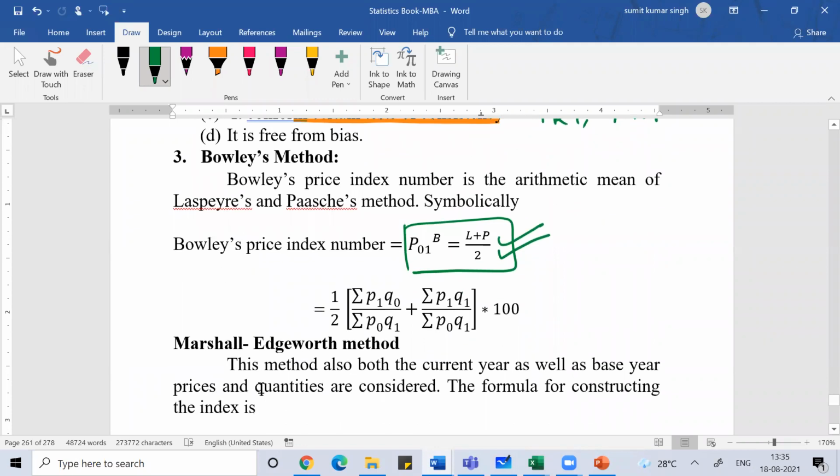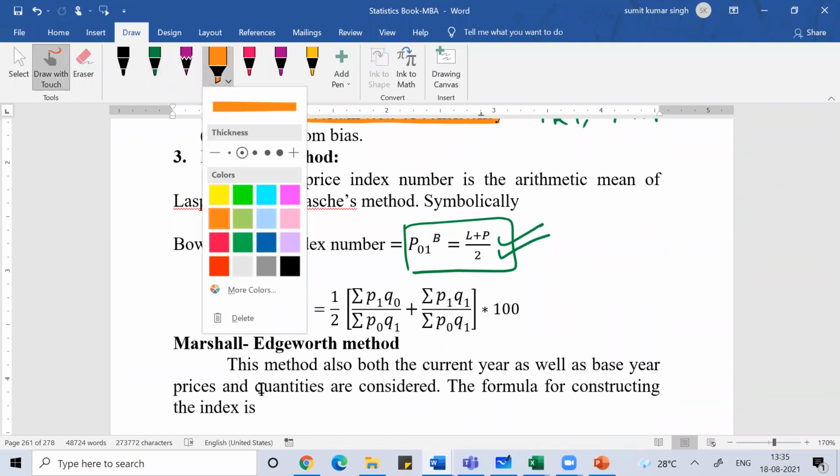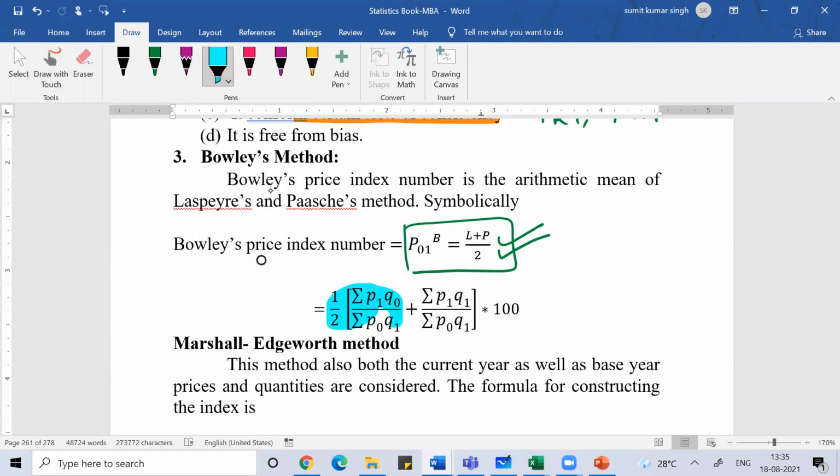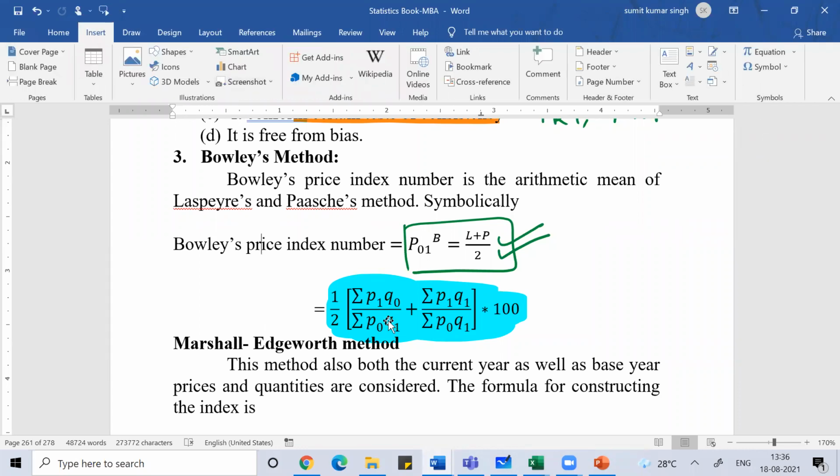If you want the formula, you say, sir, I don't want the geometric mean or harmonic mean, you simply give us the formula. So this is the formula. Again the same mistake is there, which I corrected before.